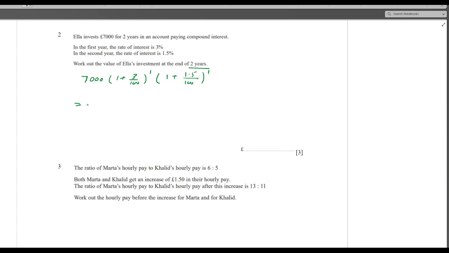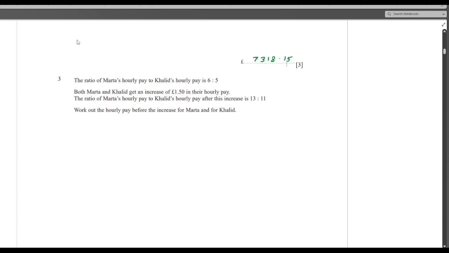So the value here we will get is 7318.15. The value of Ila's investment at the end of 2 years is 7318.15.